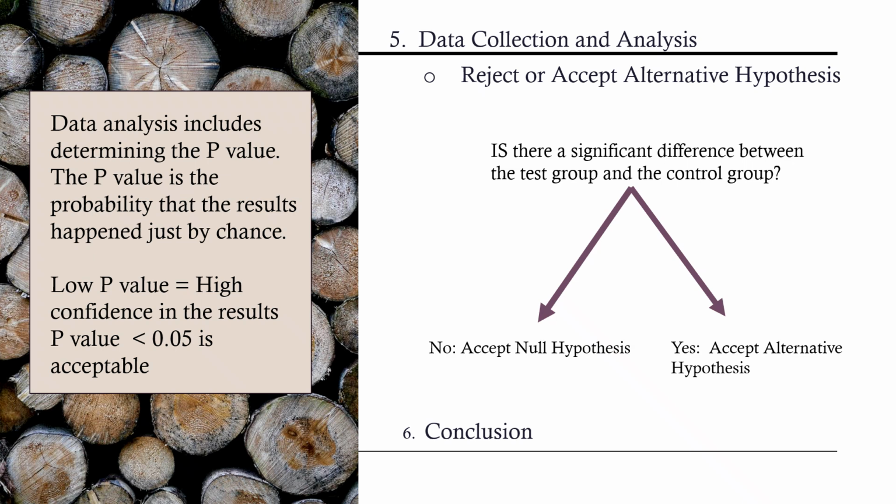Not because we added the biofertilizer, not because we kept everything else the same, but just by chance. So a low p-value, in other words, it's not really likely that this is just going to happen by chance. That means we can have pretty high confidence in the results that we get. Okay? And so once we have collected all of our data, we're going to analyze it.